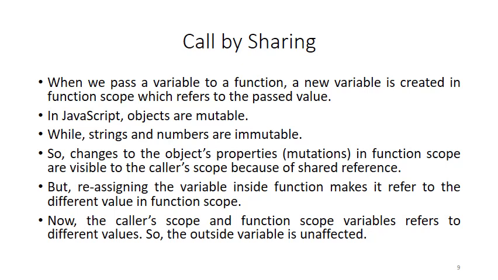These mutations in the function scope are visible to the caller's scope because of the shared reference. But reassigning the variable inside the called function makes it refer to a different value in the function scope. Such reassignments will not be reflected back in the caller scope. Now the caller scope and function scope refer to different values, so the outside variable still remains unaffected.